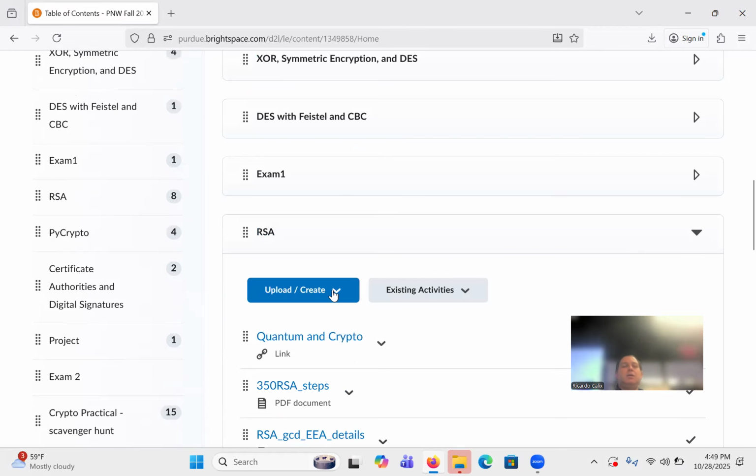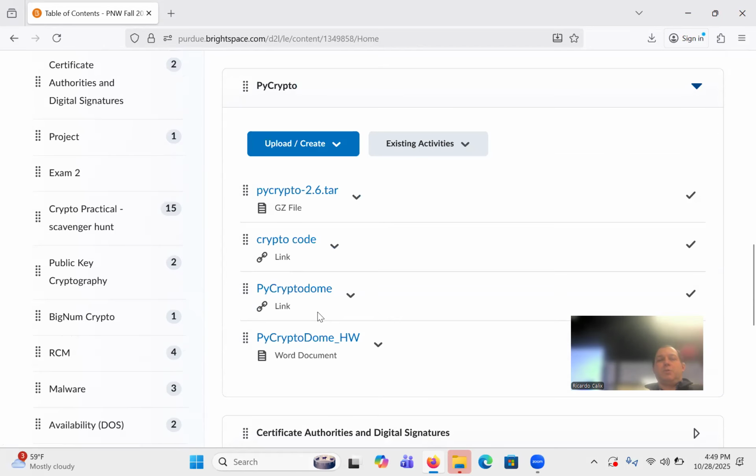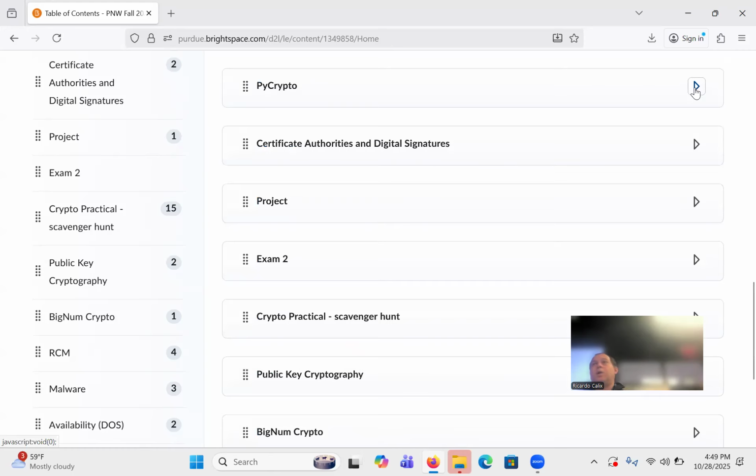And now we are at this module, PyCryptoDome, where we're going through the code. I'll assign a homework this Thursday on this one. But let's now switch over to the whiteboard, and we're just going to cover a few last concepts of RSA to wrap things up.